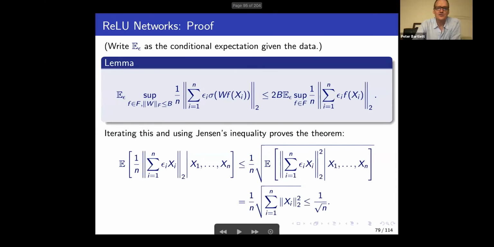So let's see why this is true. We're relying on this lemma, which we'll look at in a moment, and it's the heart of the argument. The lemma says that if we want to take the Rademacher complexity for a class of functions, think the functions you can compute up to the current layer of the network, together with this linear function that we're computing at this layer, and then the nonlinearity.